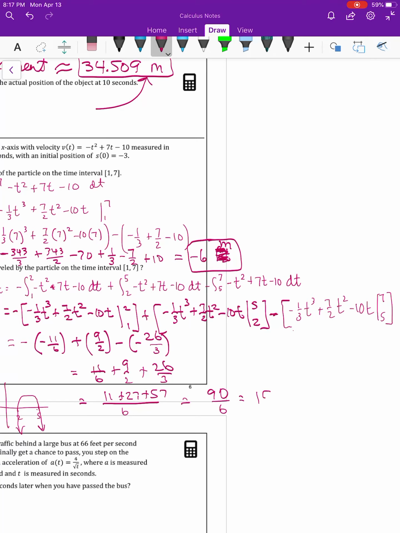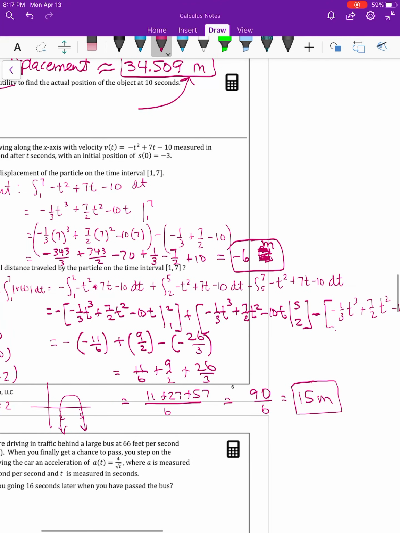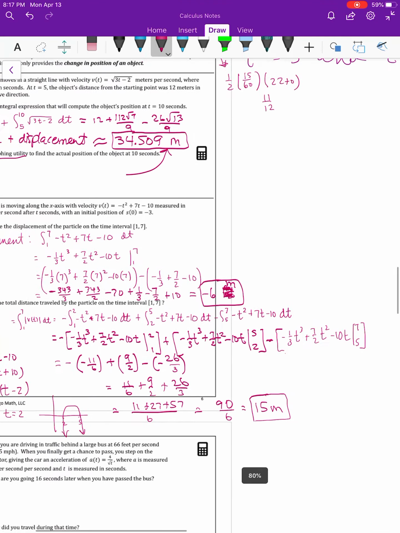And so if I change them all to 6, 11 plus 27 plus 57 gives me 96, which is 16. And I put feet again, meters. Okay? So that is the total distance traveled.